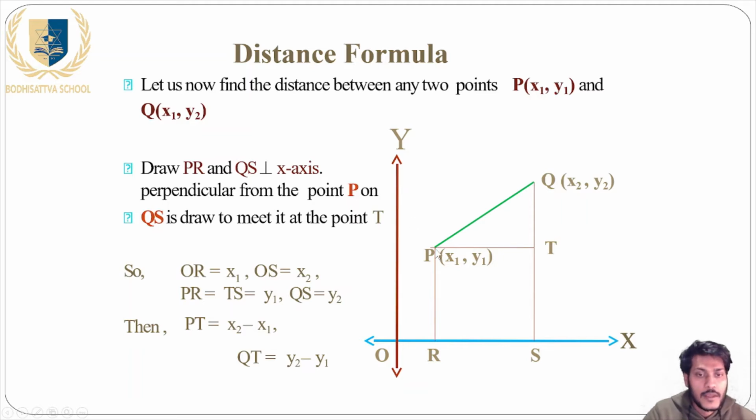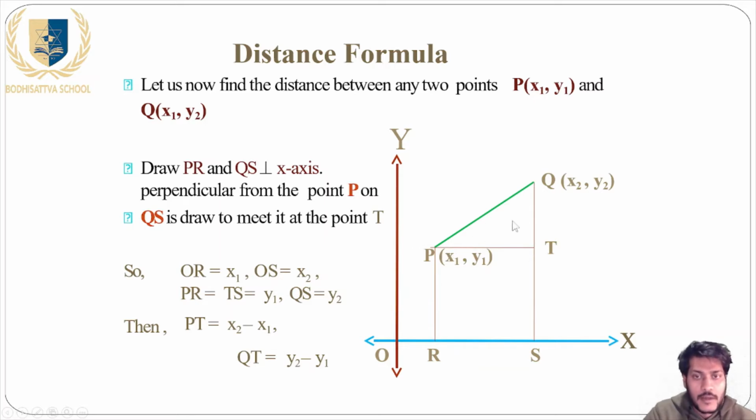Now we draw a perpendicular line from P on the x axis, and the same for Q. I have named the foot on the x axis from P as R, and from Q as S. Now if we join the line PT, we can see PQT becomes a triangle.